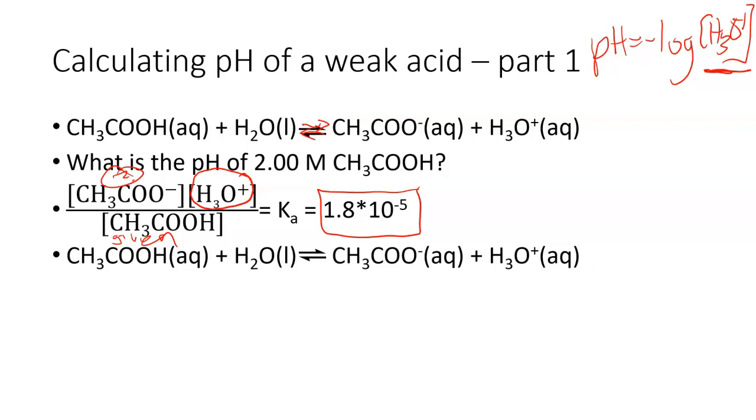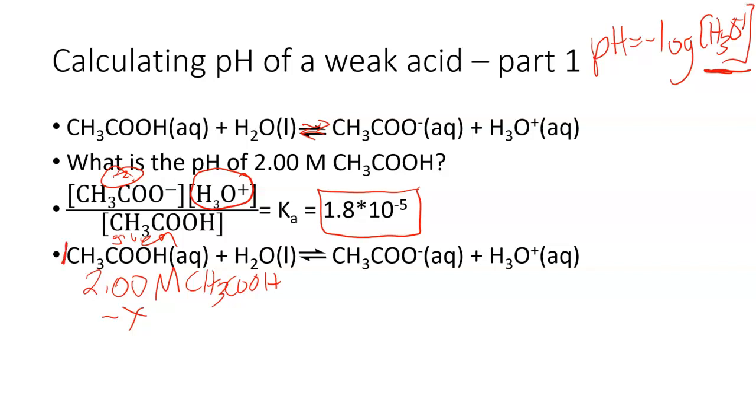So we're going to have to make a little bit of an assumption here. And that is that with 2.00 molar CH3COOH, we initially start with a concentration of 2.00 molar CH3COOH. And some of that is going to react. We're going to call that X.